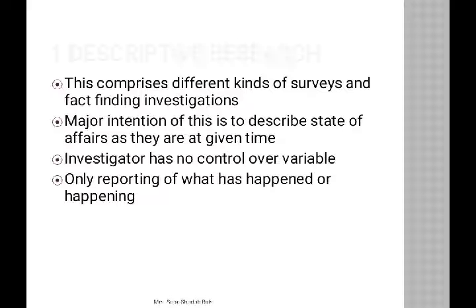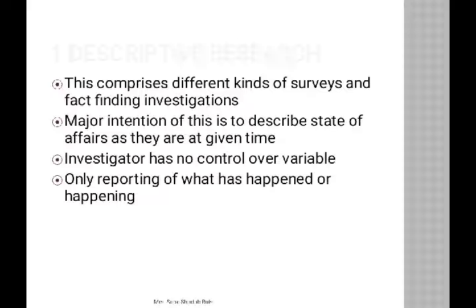I may have one opinion, but after the investigation I find that this is not the case, the findings are totally different. So here the investigator, or the researcher, does not have any control over the variable; only reporting what has happened or is happening can be done.